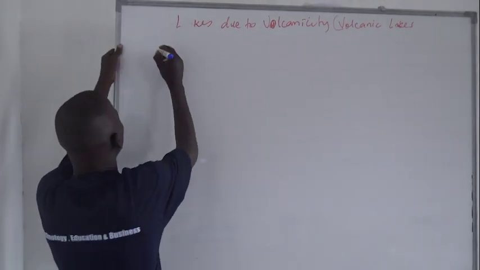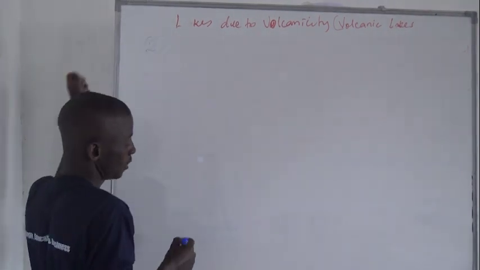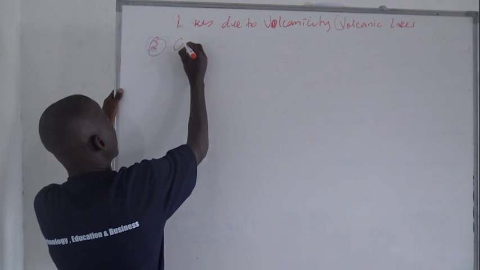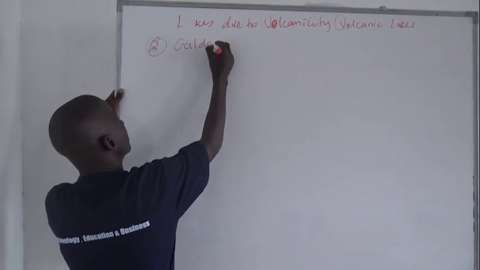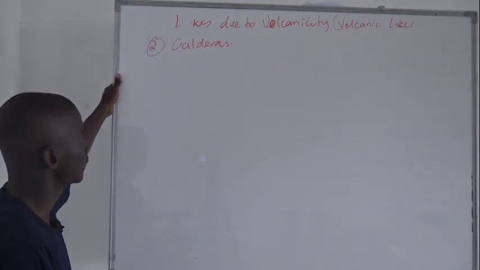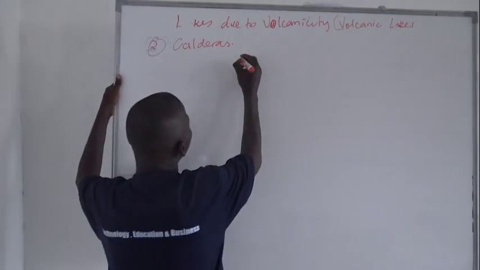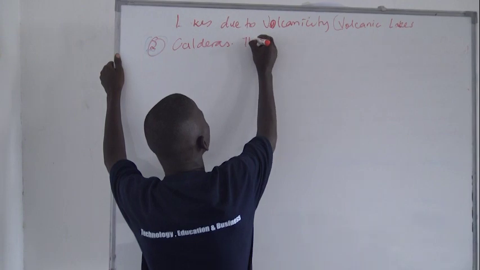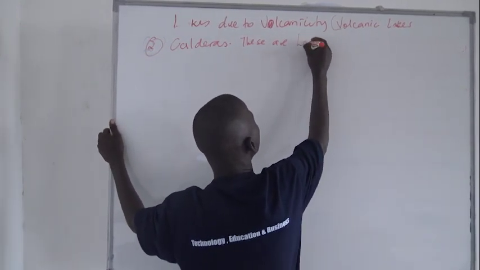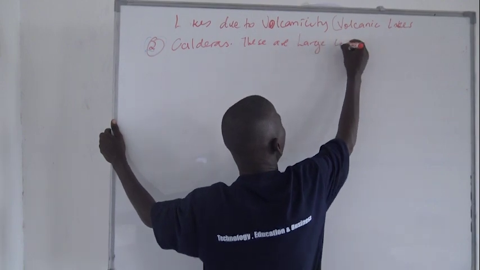So let us briefly look at number 2, calderas. How are calderas formed? By definition, we have said these are large craters.